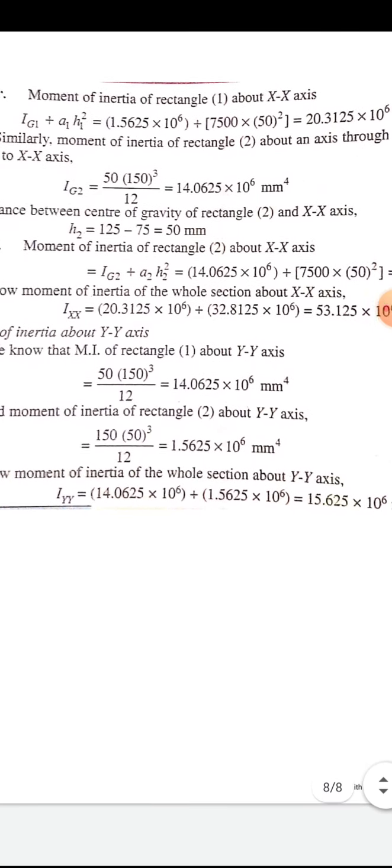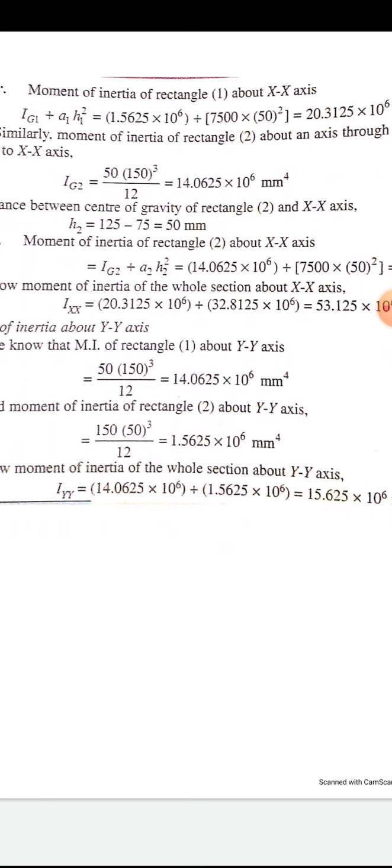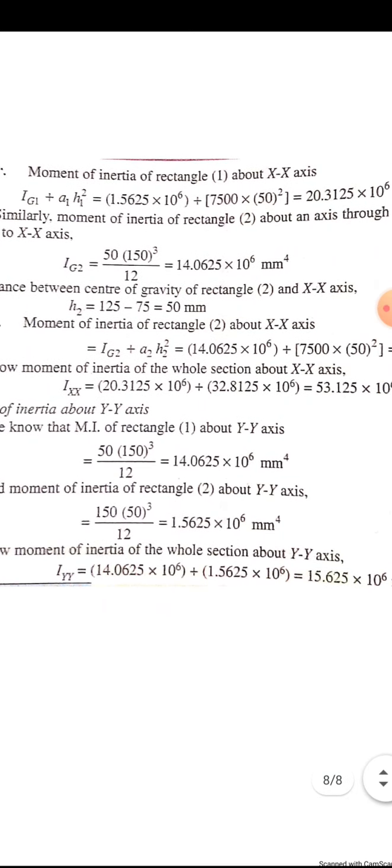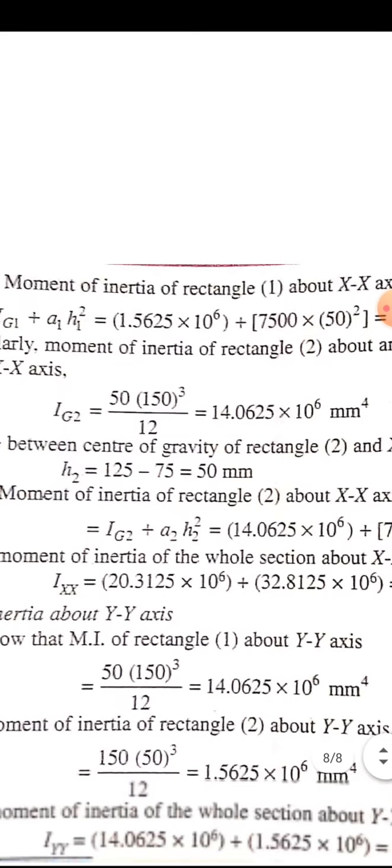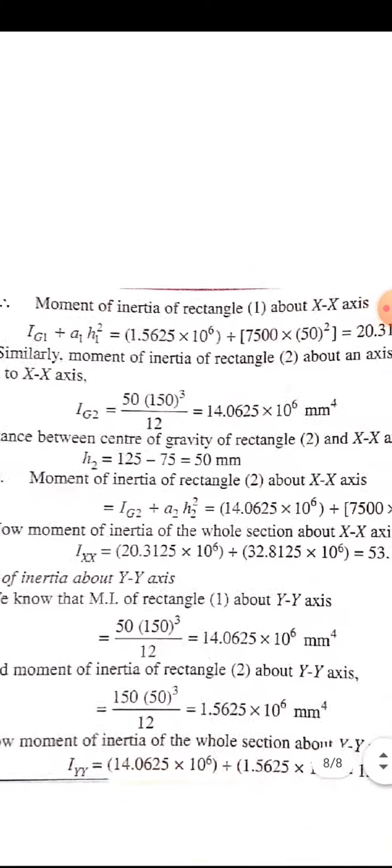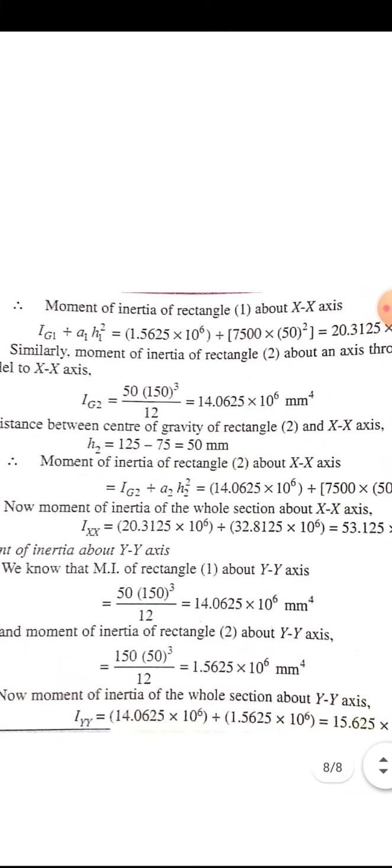So 125 minus 75 equal to 50 mm. Okay, clear. We have calculated Ig2 and h2.